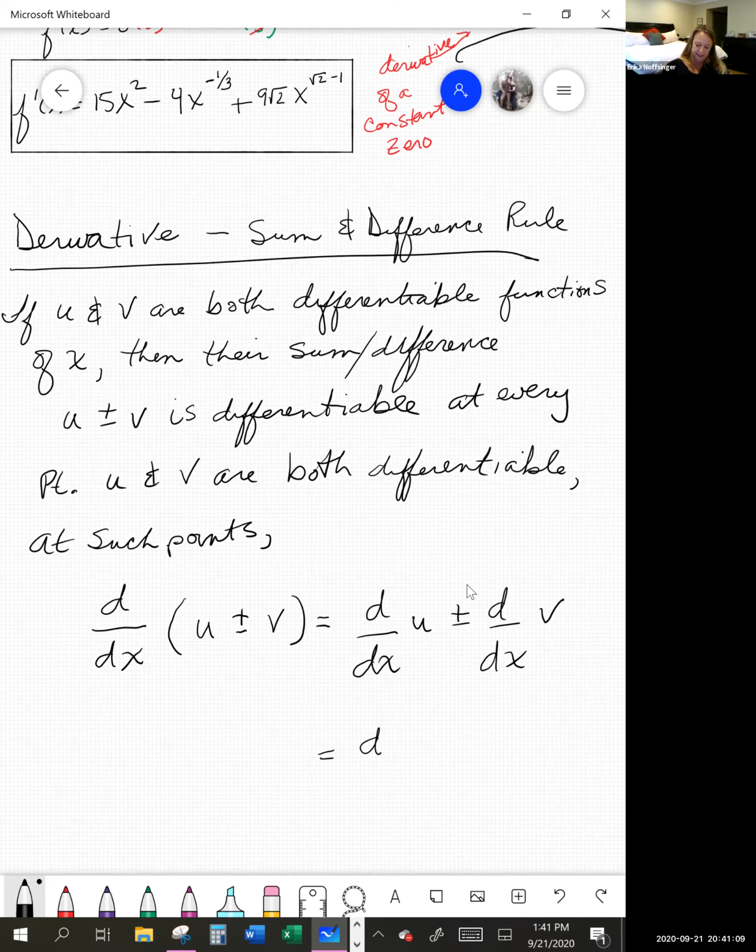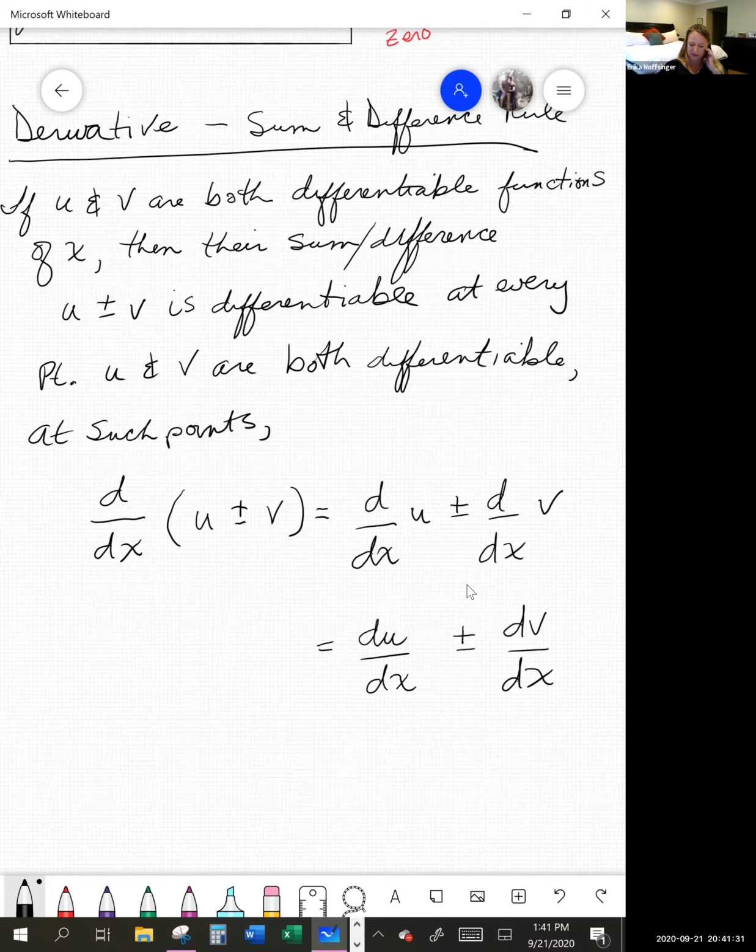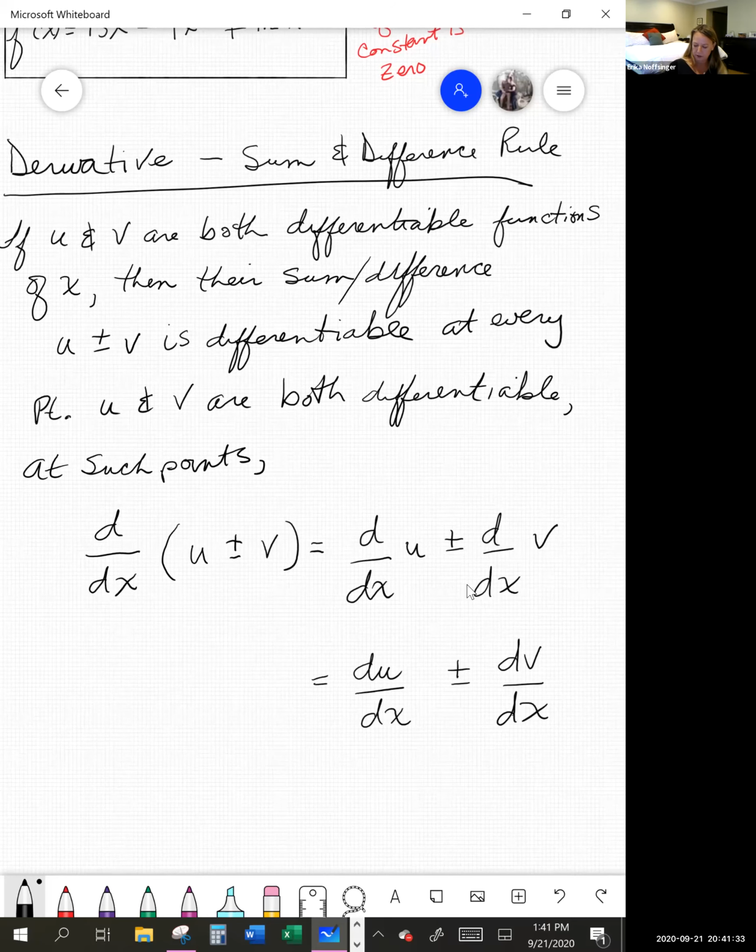Another way to write this is du dx plus or minus dv dx. And so be careful because of the notation here. This is not like the distributive property, because it kind of looks like it is. And it looks like I'm kind of multiplying u times this d dx, and that's not right either. So these are functions, and that isn't true.